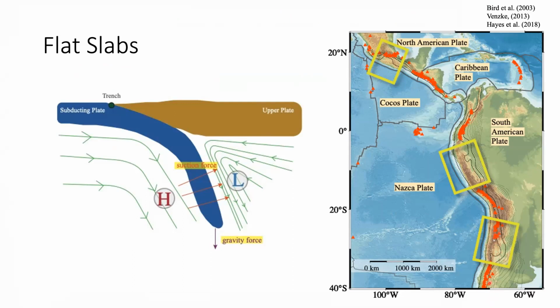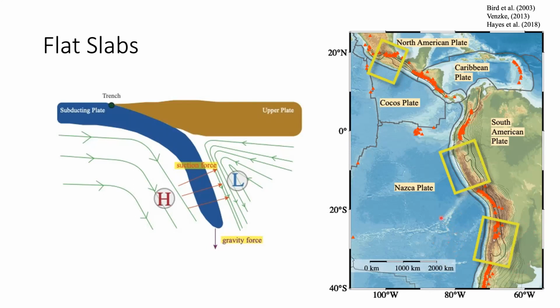Volcanoes are red. That's because of the temperature. The flat slab region is colder, so there is no volcano. But the question is how you can have this kind of lateral variation, since they have the same subducting oceanic lithosphere and the same overriding lithosphere.